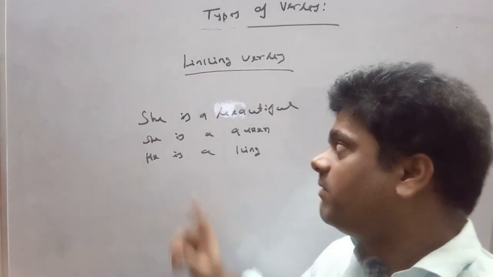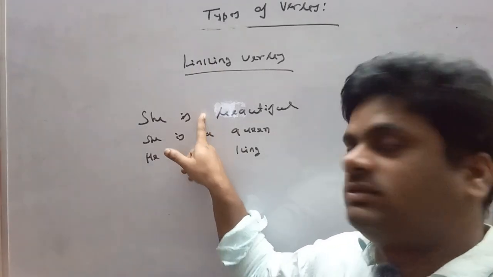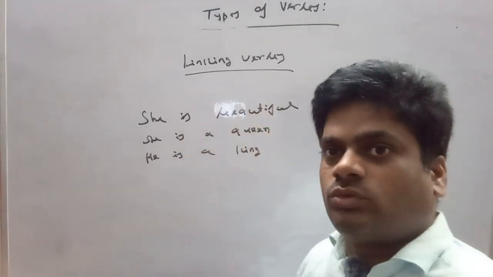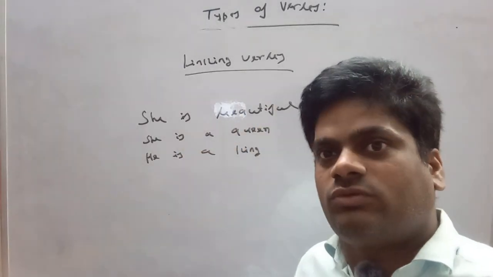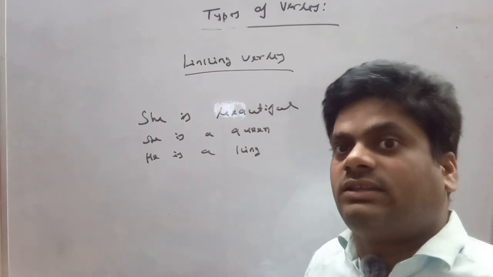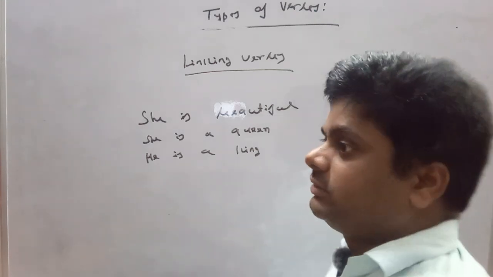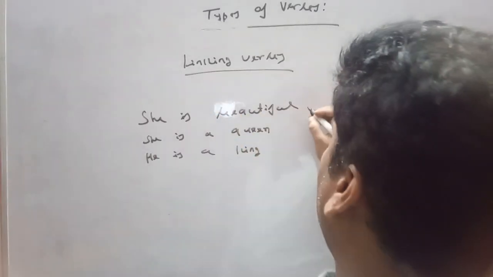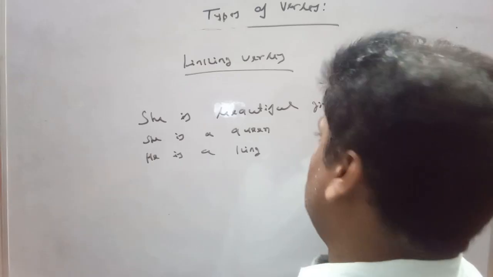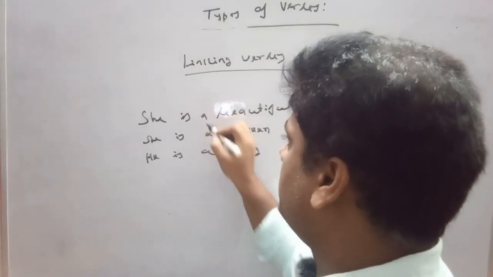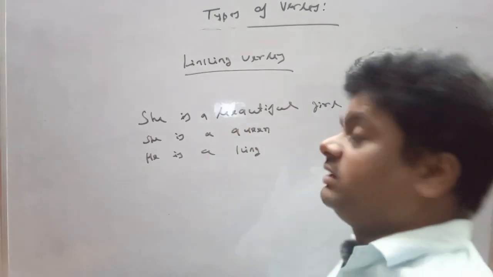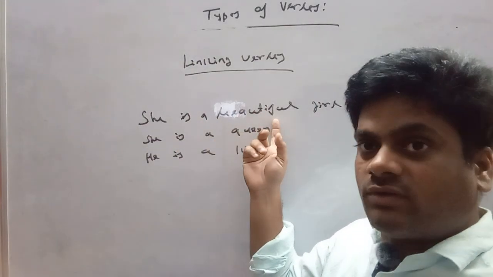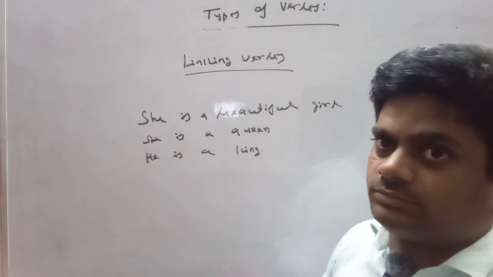We would have to remove the article from here. But if an adjective has a noun to modify, then we can place article a. Now it is taking girl, so we add the article, and this article is not with beautiful, but it is working with girl.